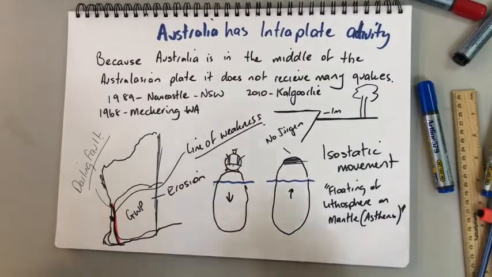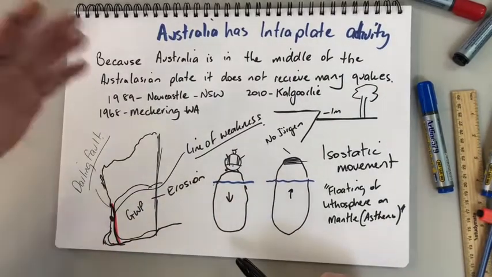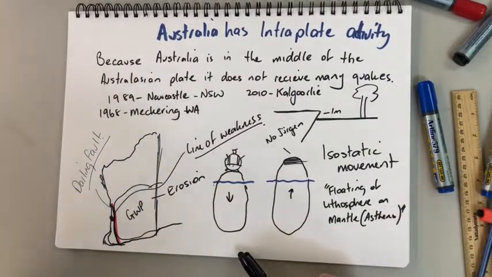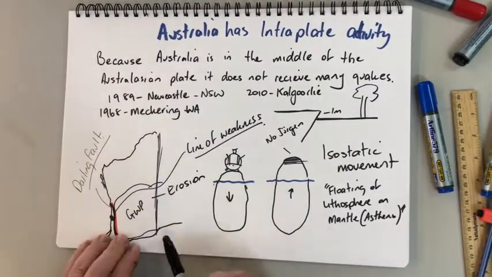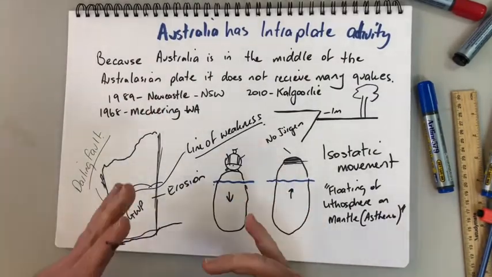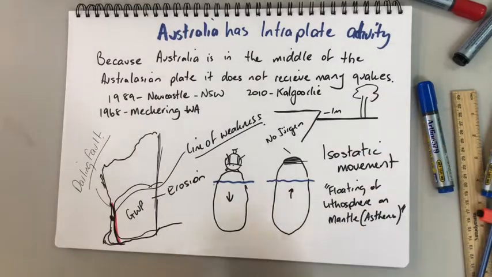Now this happens in nature. As sediment and dirt is eroded from the continent and material is eroded from the surface, the continent will have that isostatic balance and bob upwards.